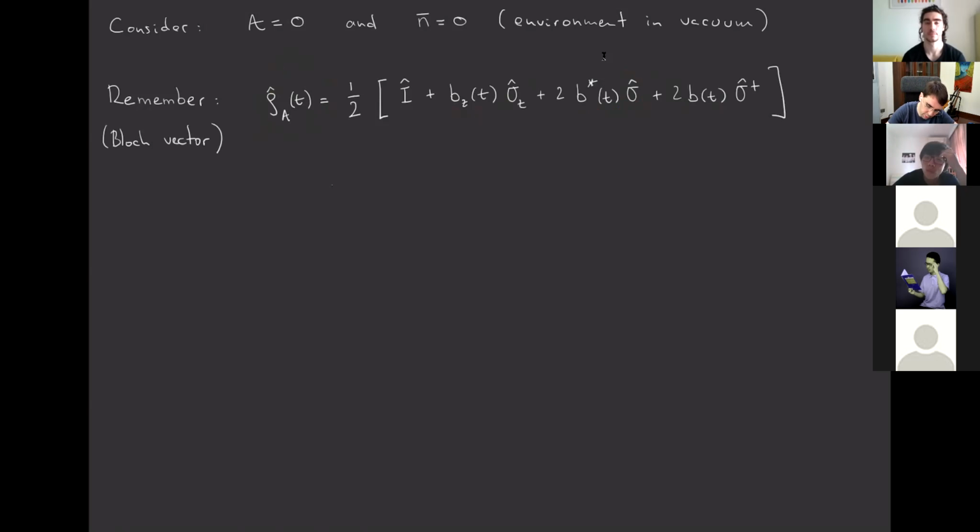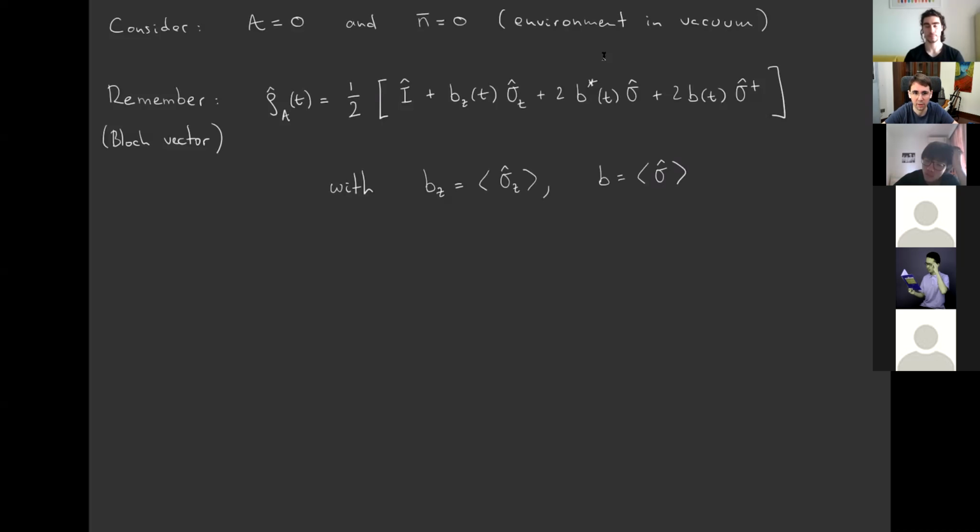Moreover, I remind you that it was very easy to find this b and b_z because they are just expectation values of the corresponding Pauli operators.